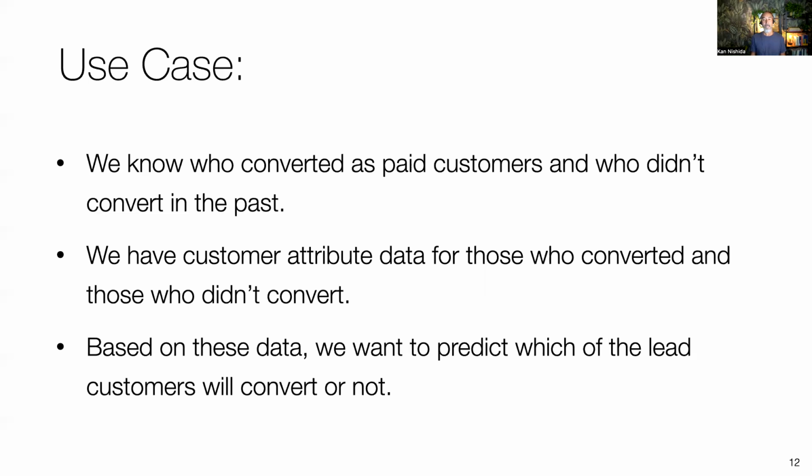And then once we have that model, you have new customers, and then you can use the model to see if this new customer will convert or not. That's useful, because once you know that type of probability or prediction, then you can decide which customers you should spend more time and energy on, and so on.